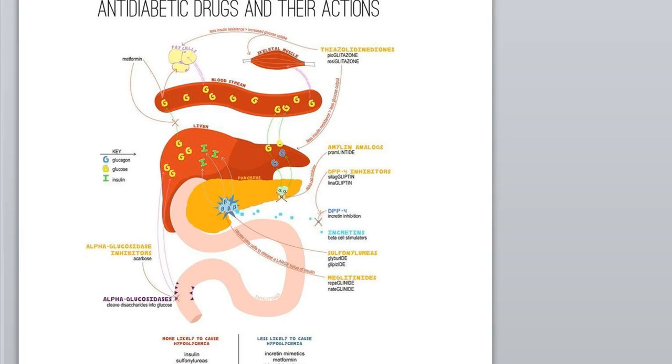Other than that, those are probably some of the big side effects to look out for. And that is carbamazepine or Tegretol.